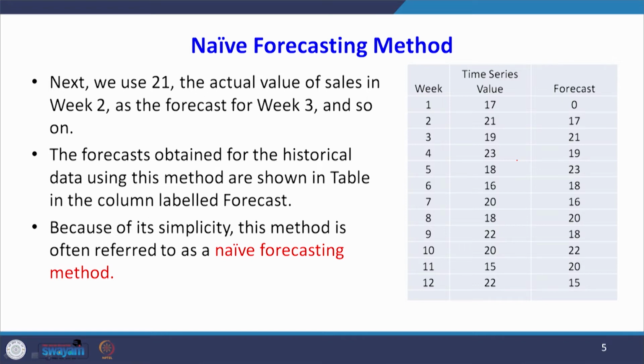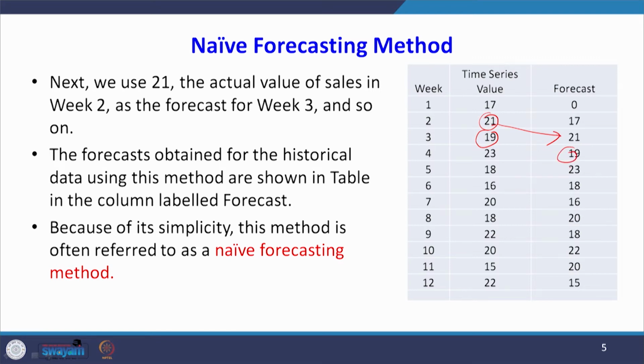Next, we use 21, the actual value of sales in week 2, as the forecast for week 3, and so on. So, what is happening? The actual value is 21, so this will be the forecasted value for week 3. The actual value of week 3 will be the forecasted value for week 4.